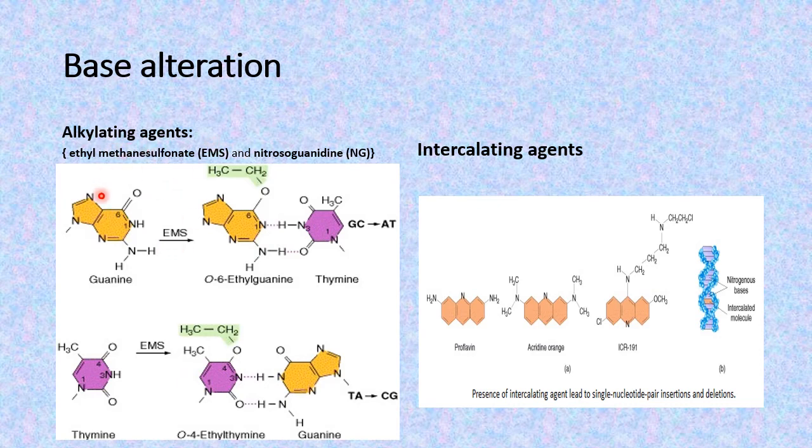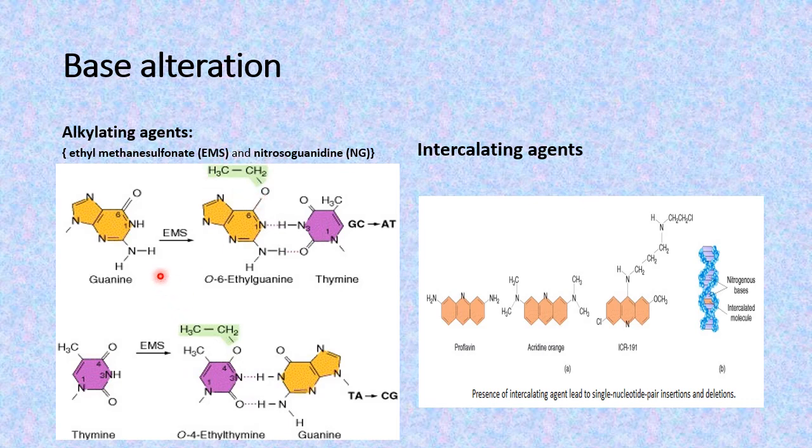EMS, or ethyl methane sulfonate, adds the ethyl group, and another alkylating agent, nitrosoguanidine, adds a methyl group.